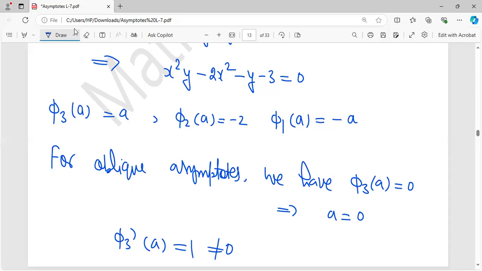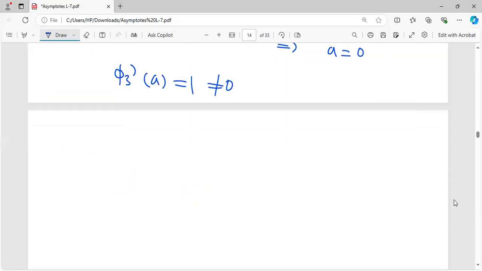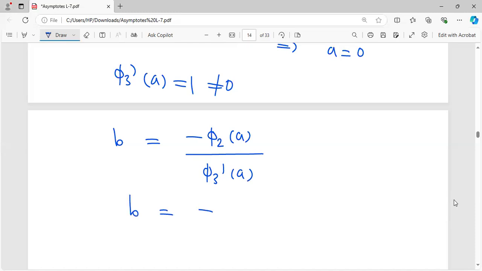So how do we get the value of B? The B value is given by minus phi 2 A upon phi 3 dash A. Sorry, A value is 0.